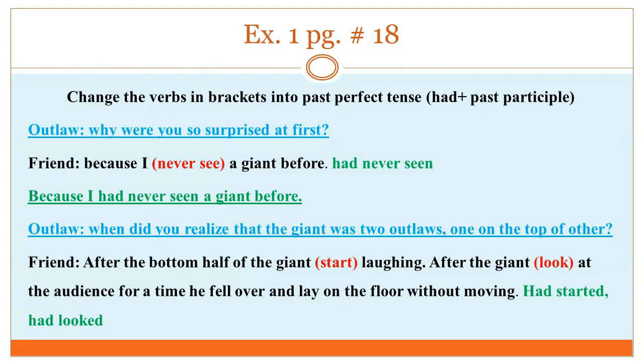Then we will use the past participle for the verb see, never seen. So what is the past participle of see? Seen. See, saw, seen. So the correct sentence would be, because I had never seen a giant before.